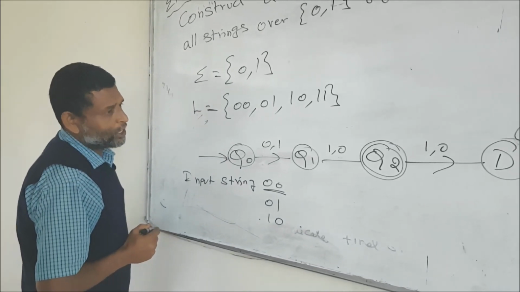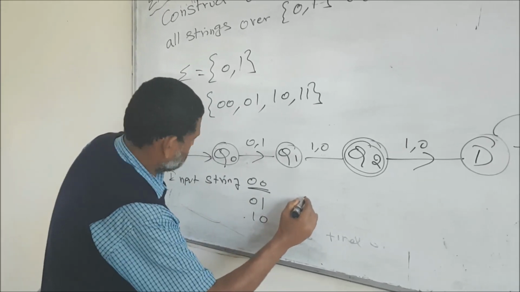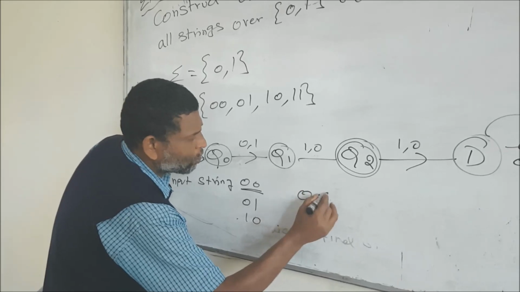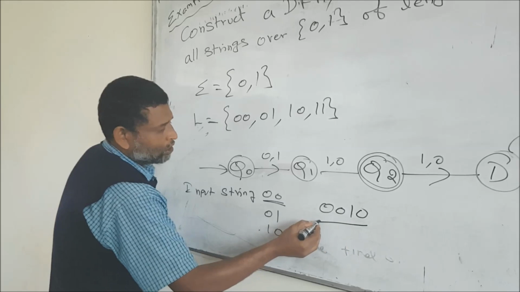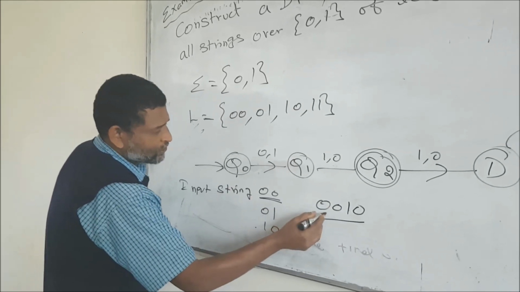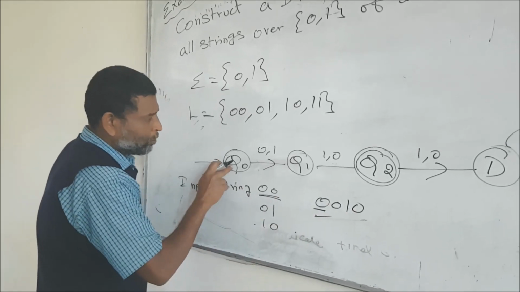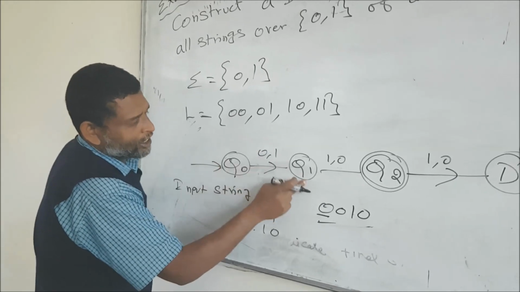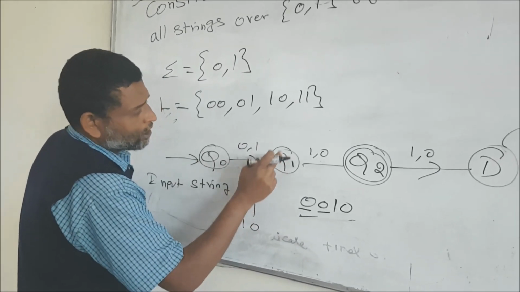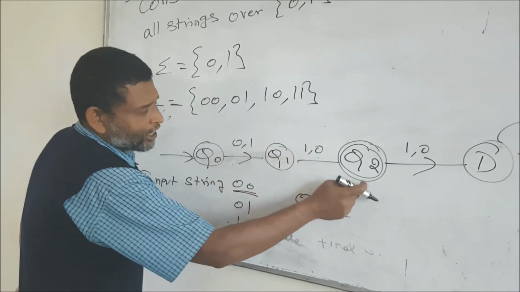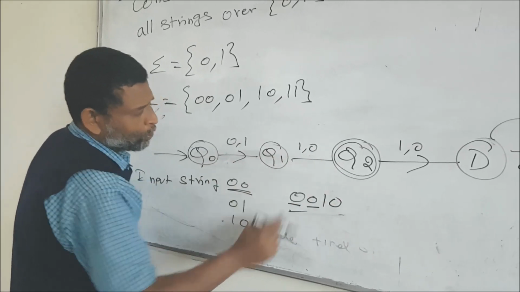The given string is accepted by this DFA. Suppose my input string is 0010. From Q0, the first 0 is read and it reaches Q1. The second 0, from Q1, reaches the final state Q2.